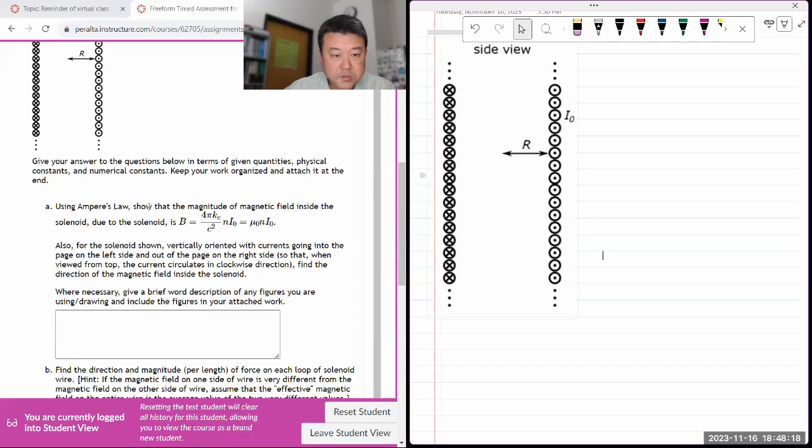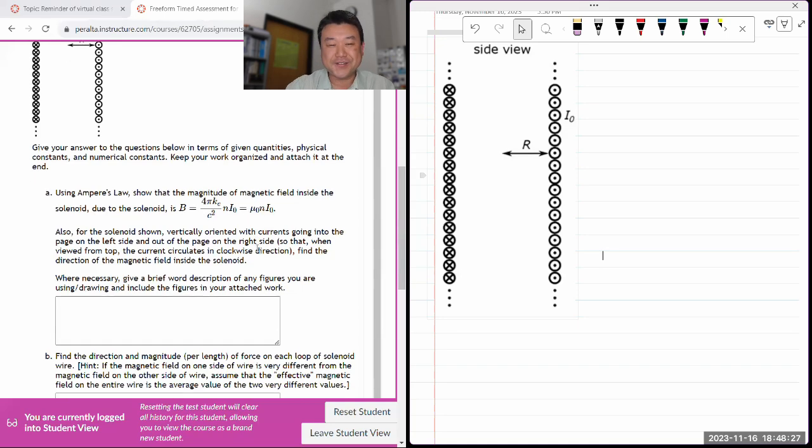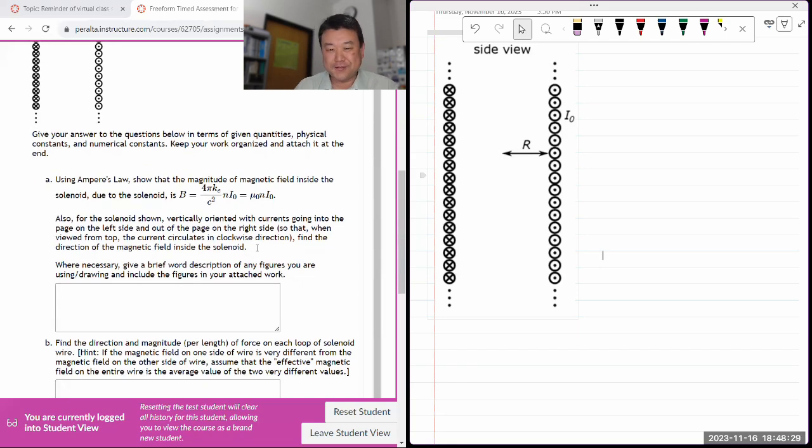Using Ampere's law, show that the magnetic field inside the solenoid is that. And I give you the answer so that if you simply give me the expression, you get no credit for that. So let me start by stating Ampere's law. I'm going to state the version with the mu naught first because that's the version I have memorized.